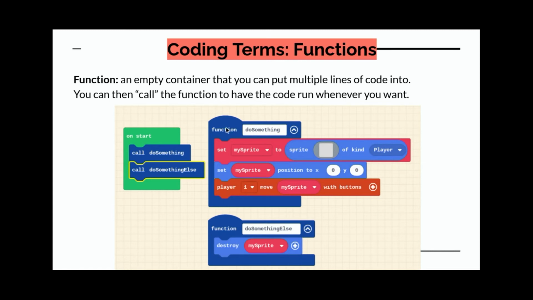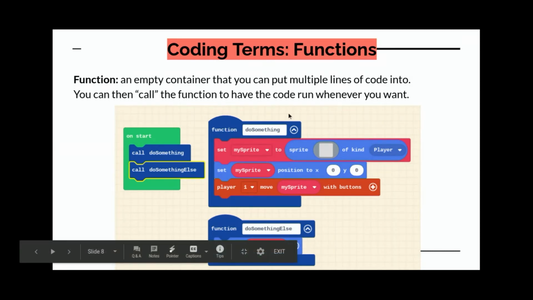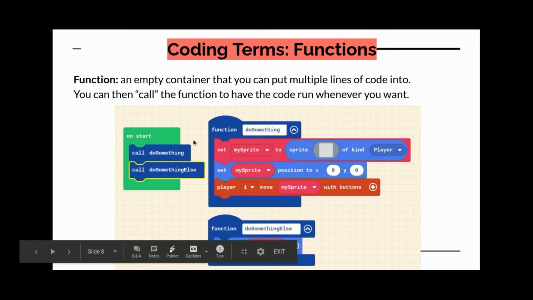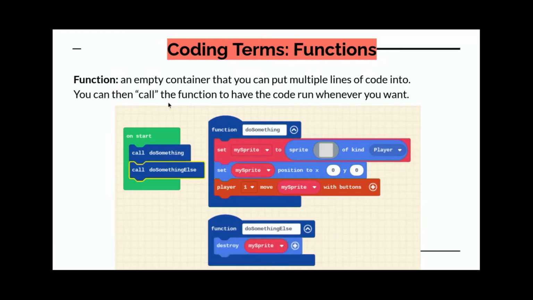Functions have that alligator look to them, like that. And then you'd name the function whatever you want the name of the function to be. And all a function is, is an empty container that you can put a bunch of code into. That's all it is. And then when you want that code to run, you quote unquote call the function. You call out the function's name to make the code run whenever you want.